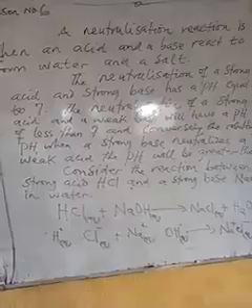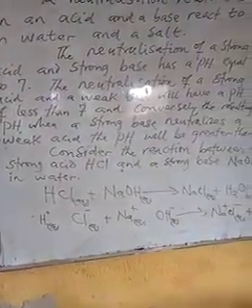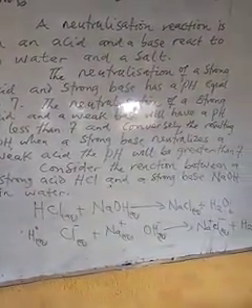The neutralization of a strong acid and a weak base has a pH equal to 7. This is very, very important. You take note of this, please. I said the neutralization of a strong acid and a strong base has a pH of 7.